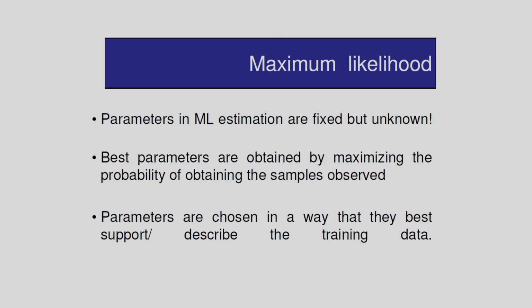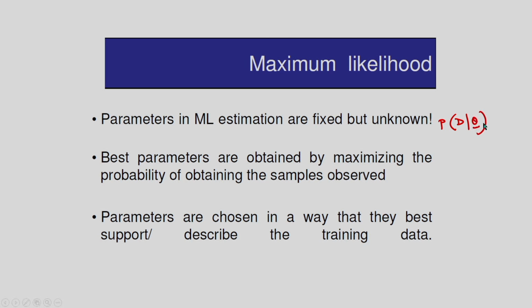In the case of the maximum likelihood estimation, the parameters are fixed but not known. In this case, I have to maximize the probability of obtaining a given set. Suppose D is the training sample set, so I consider the probability of D given theta.